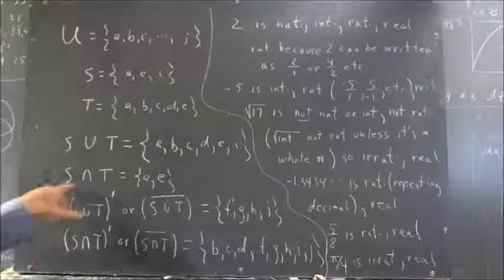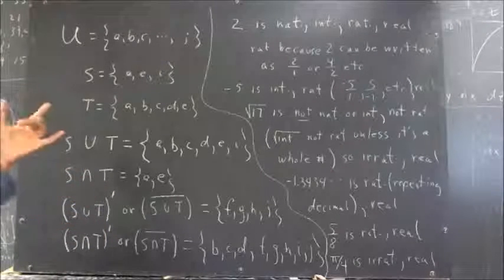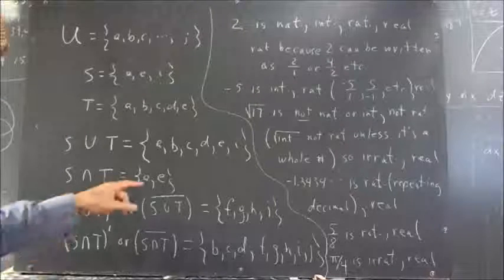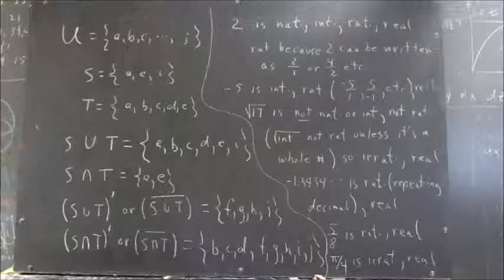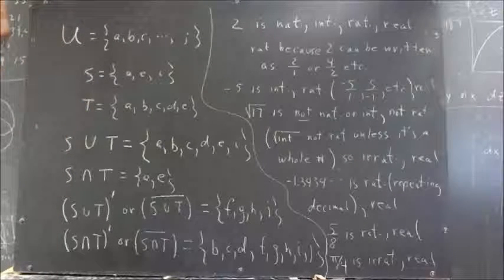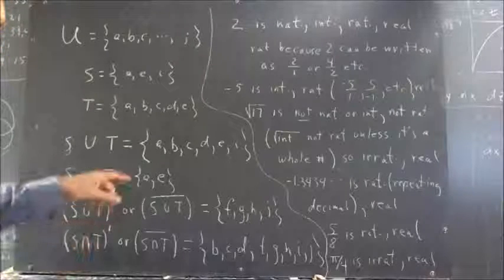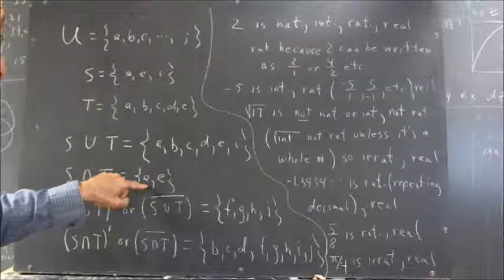Okay, set S intersection T. Intersection means it's got to be in both sets to be in the intersection. So we don't even have to look at the set U. We just look at the sets S and T. A is in S, it's also in T, so it's in the intersection.